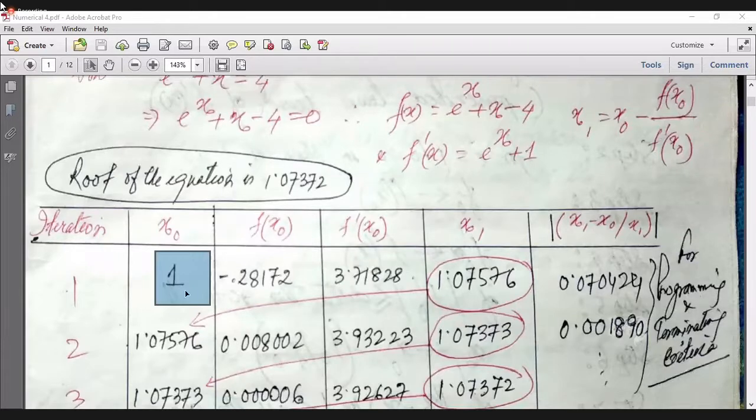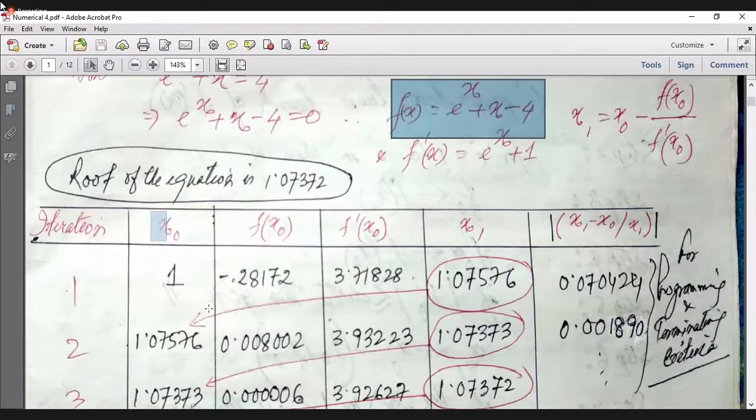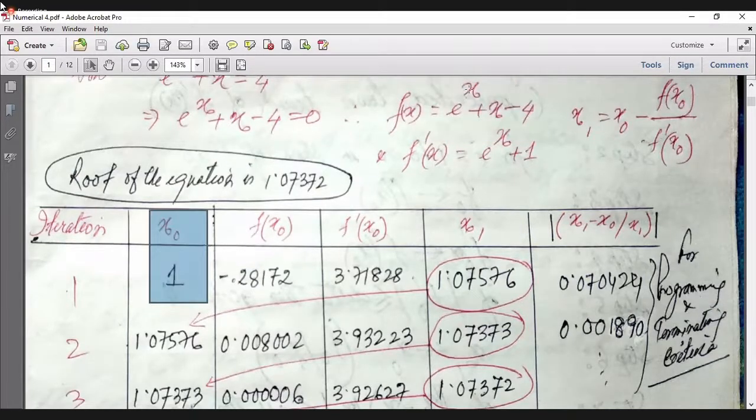So now, using 1, let us find f of x naught. To find f of x naught, we substitute the value of x naught, which we choose as 1. Substitute 1 here, and how much do you get?